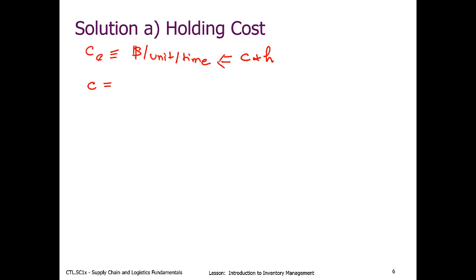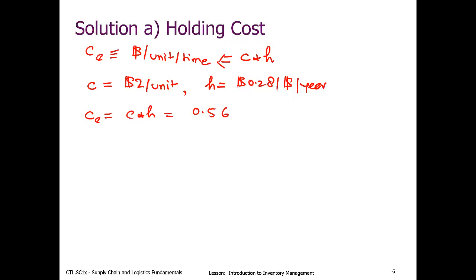So we know that C has been given to us as $2 per unit, and H has been given to us as $0.28 per dollar of inventory per year. So our CE then becomes $0.56 per unit time.